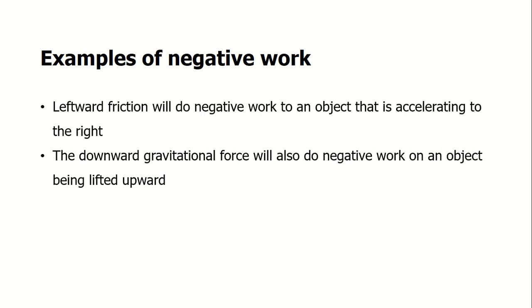Just like our example with the barbell being lifted above the head of the lifter, the upward force is causing, yes, positive work, but the gravitational force, remember, which is always downward, is causing negative work on the barbell.